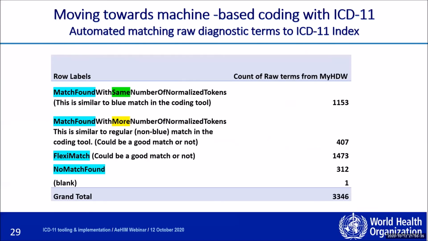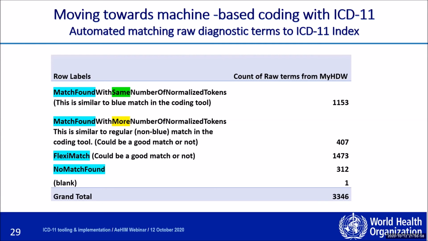This is an example from an Asian country where we also started exploring, and this will be the next step, automated ways of coding with ICD-11 by running terms against the search algorithm automatically and seeing what kind of matches we get.